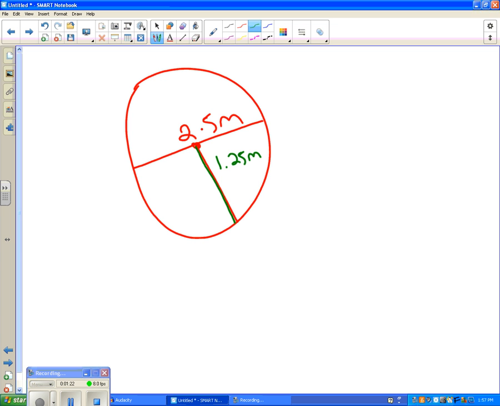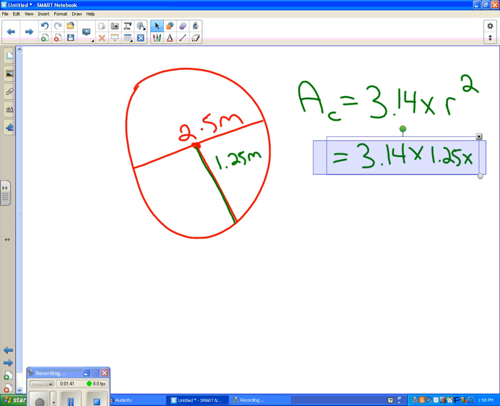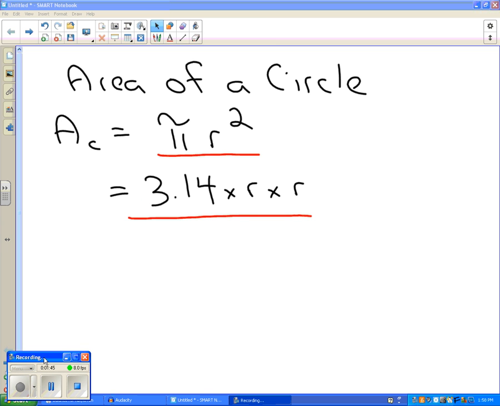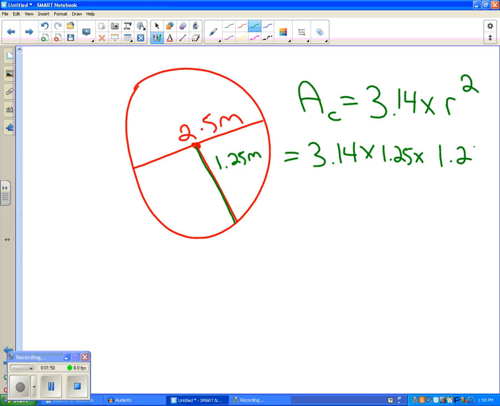Now that we have the radius, we can calculate the area of this circle, and the area of this circle will be 3.14 times r squared. Which is going to equal 3.14 times 1.25 times, let me move this over a bit, that's better, I've got some more space, times 1.25.